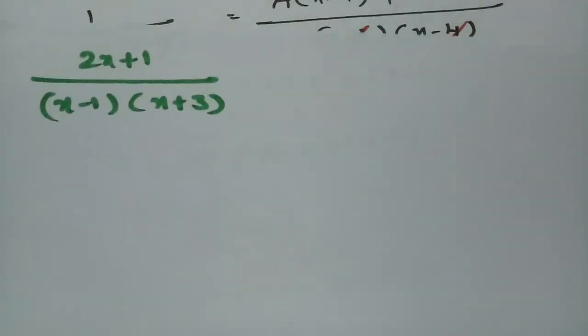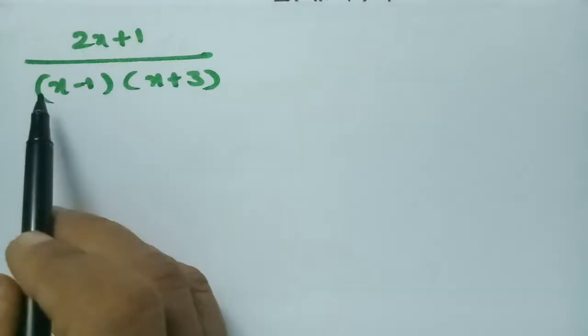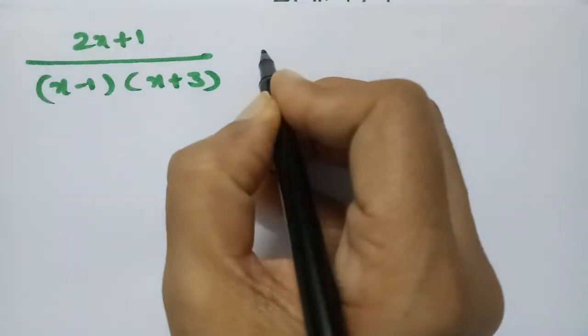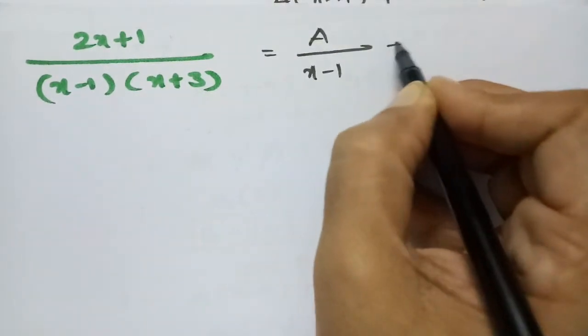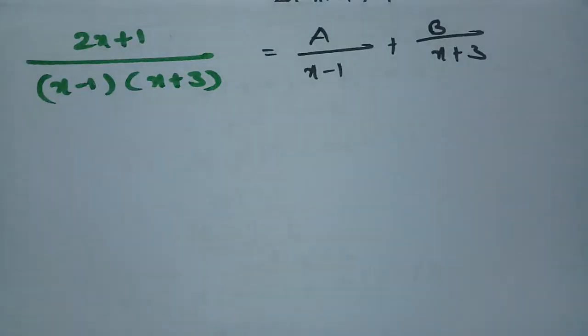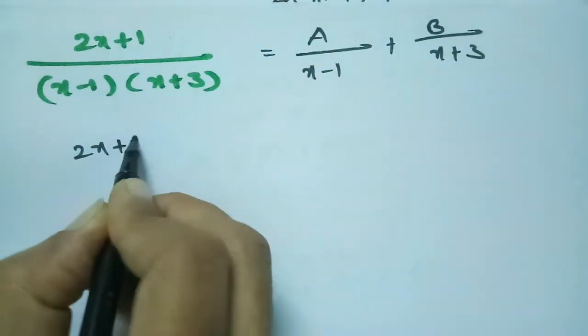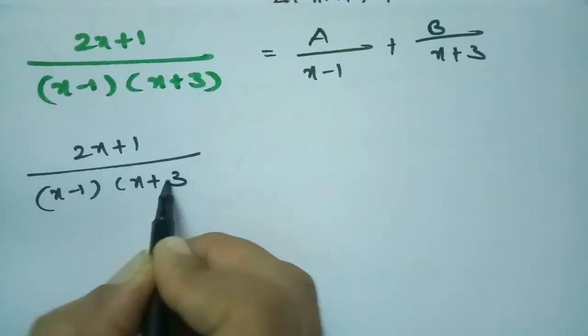And this is another question for you: 2x plus 1 by x minus 1 into x plus 3. This can be resolved as a by x minus 1 plus b by x plus 3. Again I have to make an LCM, that is x minus 1 into x plus 3.